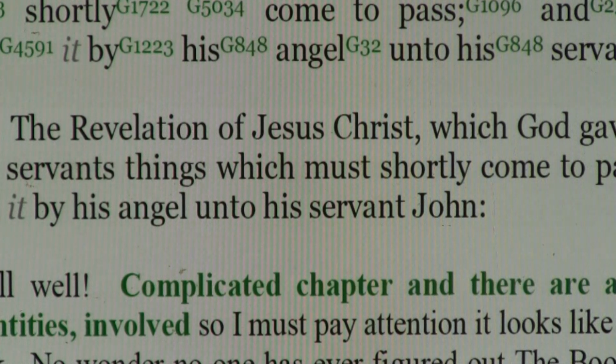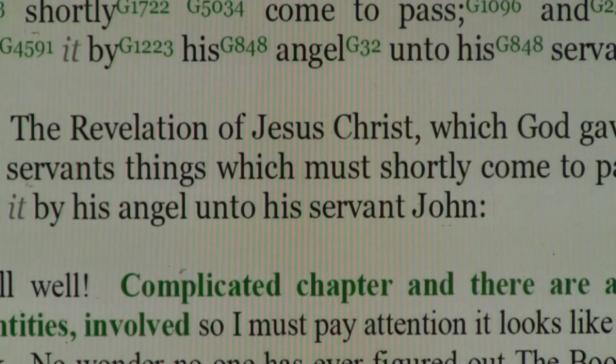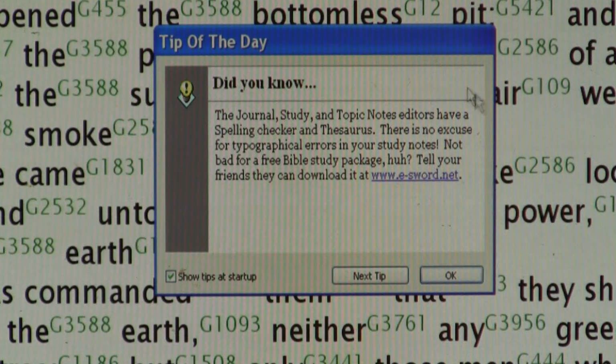I will open up the book that is called eSword, and then I will show you how the eSword Bible works so that you can follow through with these words as well.